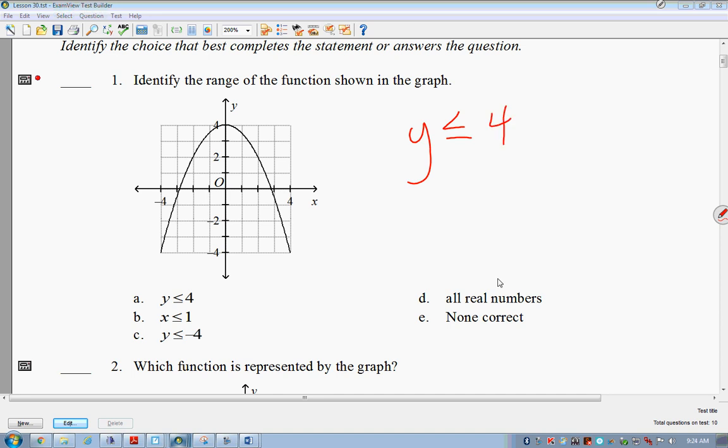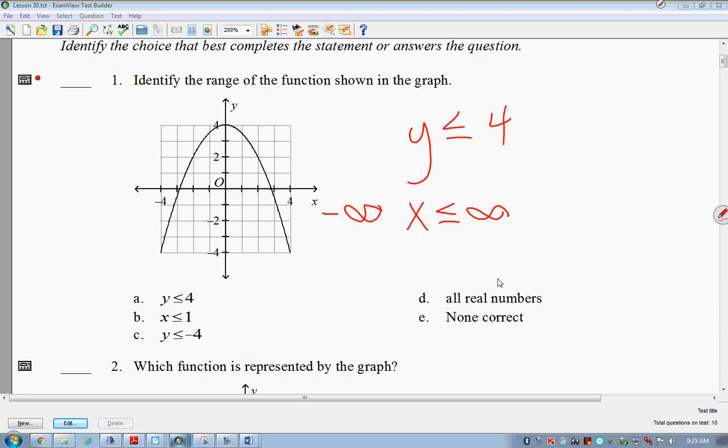Now, if we were asking for the domain, we'd be looking for the x values, right? So the domain in this case, or x, because it goes on and on forever to the left and to the right, x goes from negative infinity to positive infinity, because it continues to go on and on.